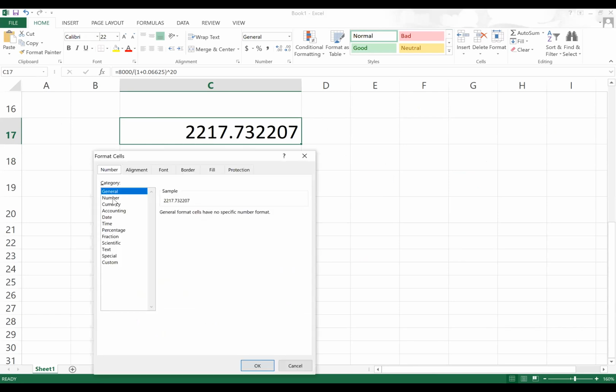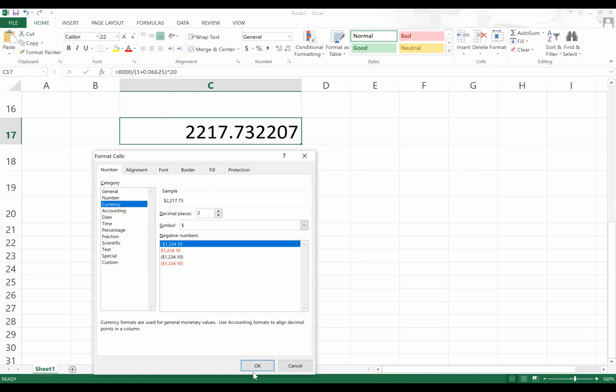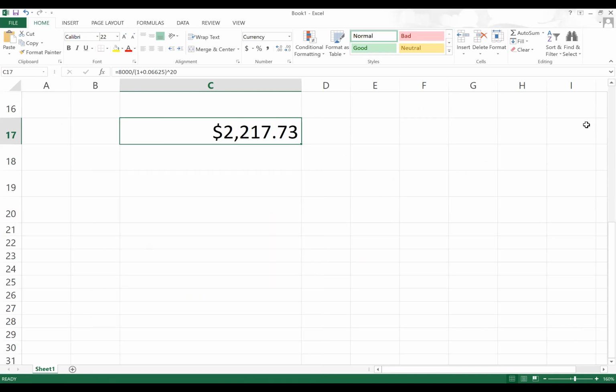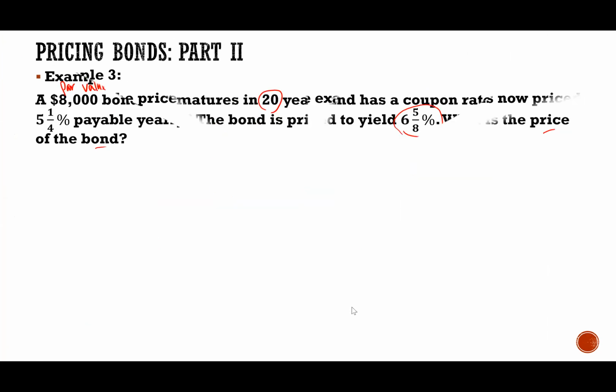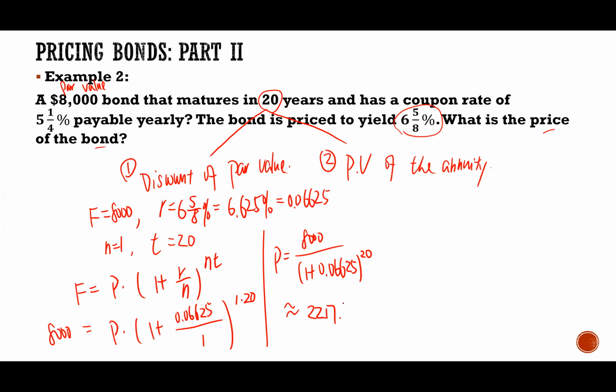That's how much the 8,000 is worth right now, from 20 years out. So 8,000 in 20 years is only worth $2,217.73, a lot less for sure. So we found the present value of the par value.